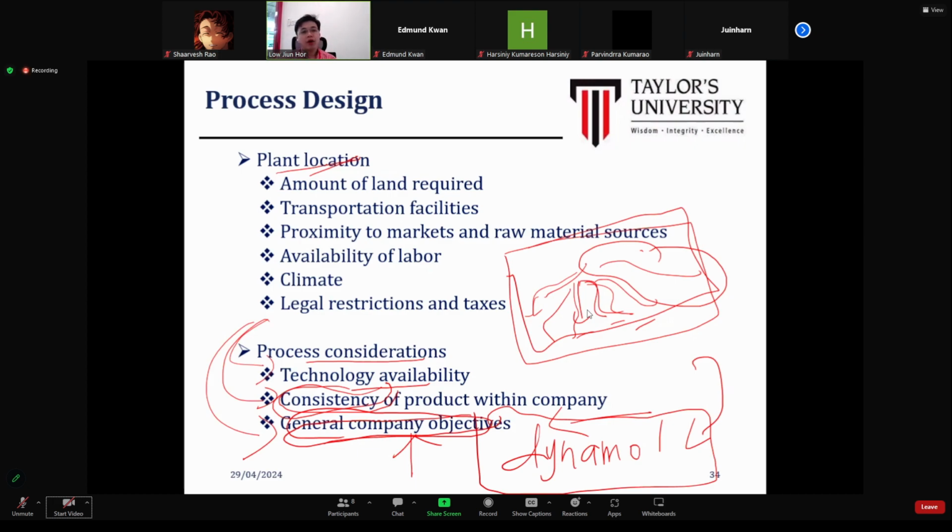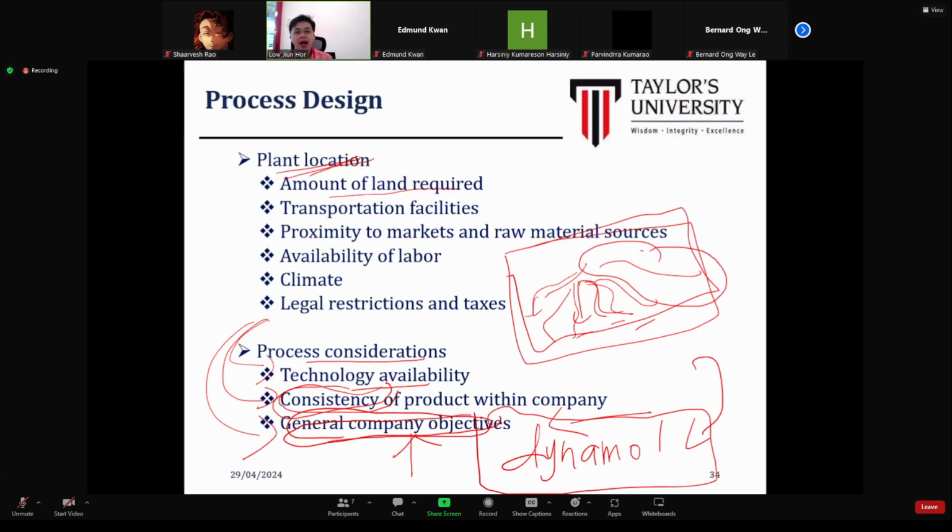Okay, besides that, we go back to the plant location. Just now I said we can also try to use the plant location to support our decision making. Of course, different processes involve different amounts of unit operations or equipment you want to install. Then you determine the total land area they require.